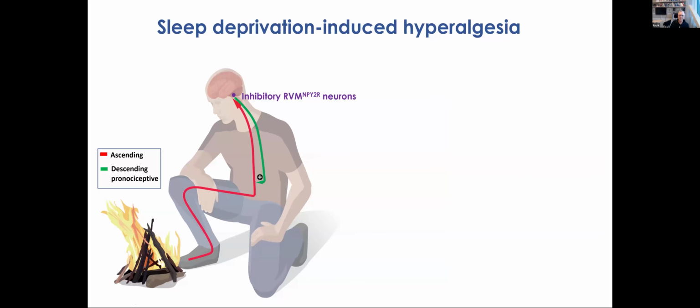I didn't show you, but these are local inhibitory neurons in the RVM. So there are interneurons there, and they connect to pronociceptive projection neurons that project to the spinal cord to intersect with the ascending pathway.